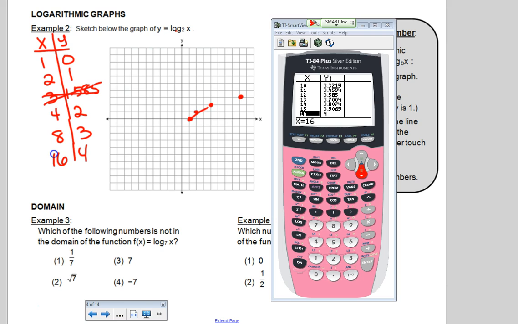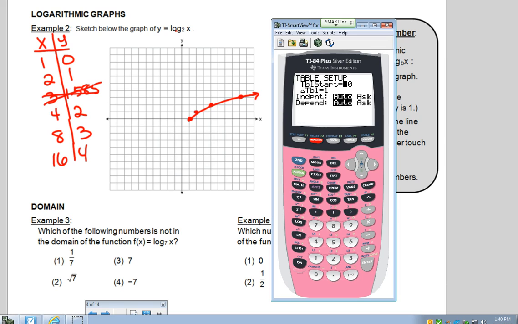Now, I really need to show what's happening down here in this section right there. So I am going to go now back to my table. I'm going to go to Table Setup, second window, or on the Inspire, when you're on your table, hit Menu and Table Settings. I'm going to have my table start at 0 and then go by maybe 0.1s so I can see what's happening in between.